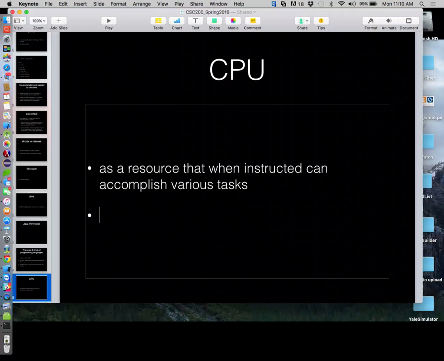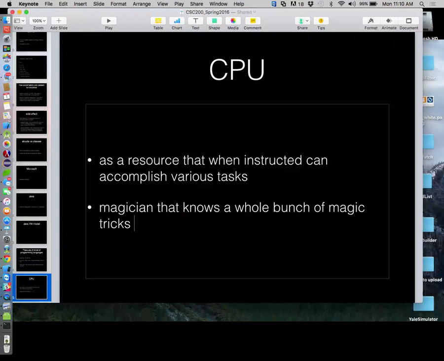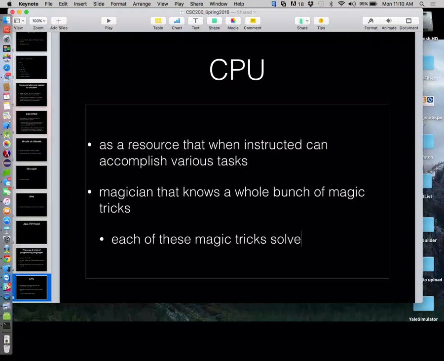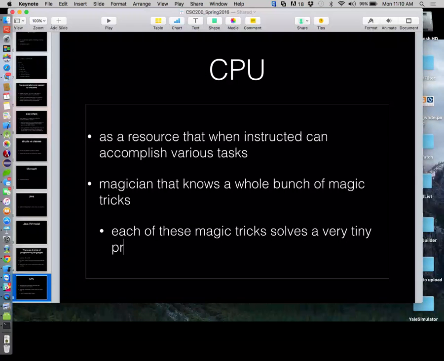I like to think of the CPU as like a magician that knows a whole bunch of magic tricks. Each of these magic tricks solves a very tiny problem.